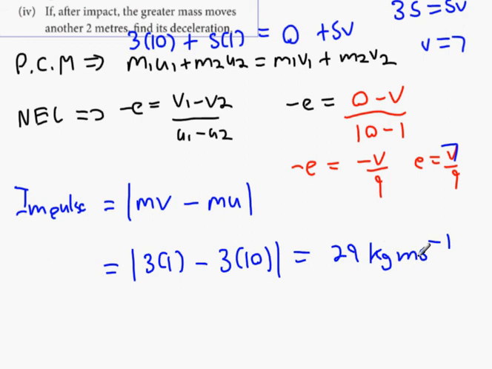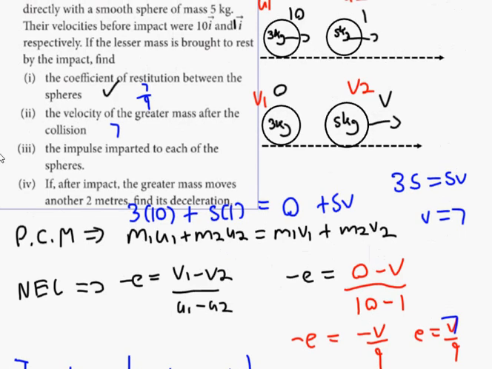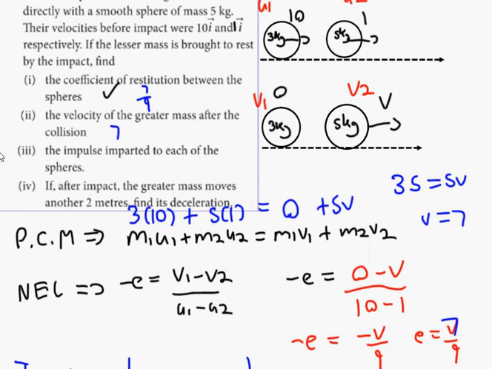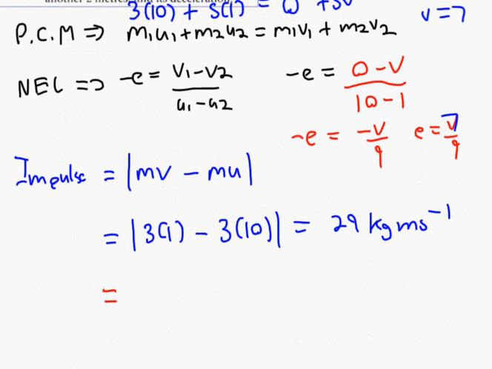Okay? What happens if we took the second particle instead? What did we say V was again? V was 7. Sorry guys, the 3 kilogram particle's V was actually 0 because it actually wasn't moving at all after the collision.